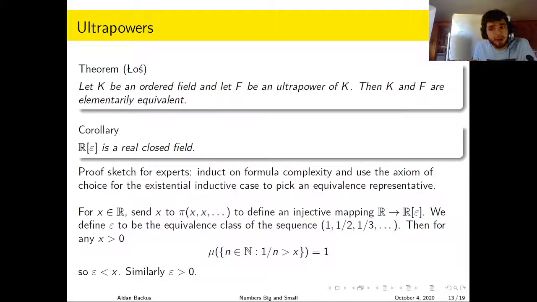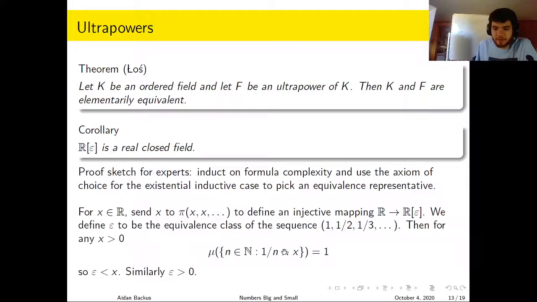As for this epsilon, this infinitesimal, we take the equivalence class of the sequence 1, 1/2, 1/3, 1/4, and so on. And for any positive real number x, after finitely many entries, x is greater than 1 over n. So the measure of the set where x is greater than 1 over n is 1.